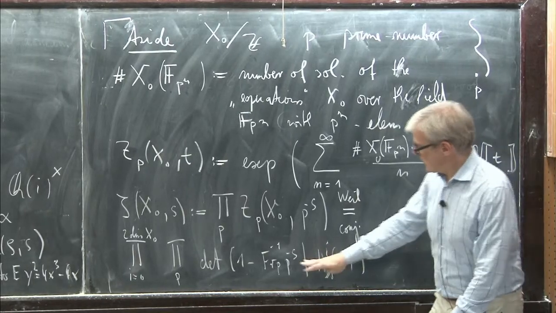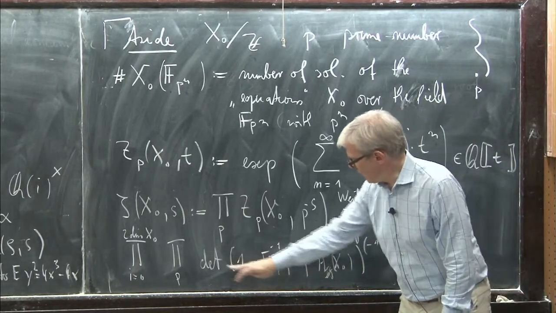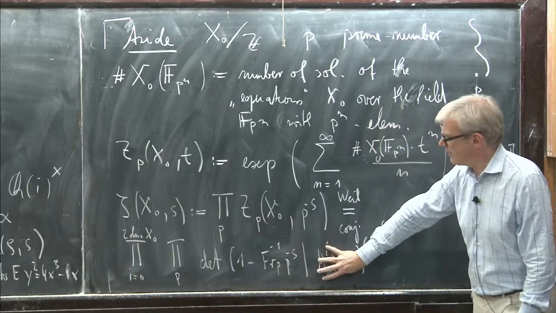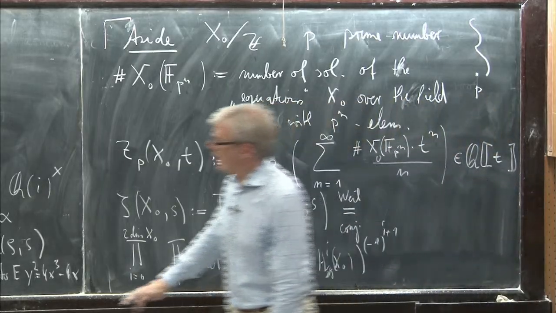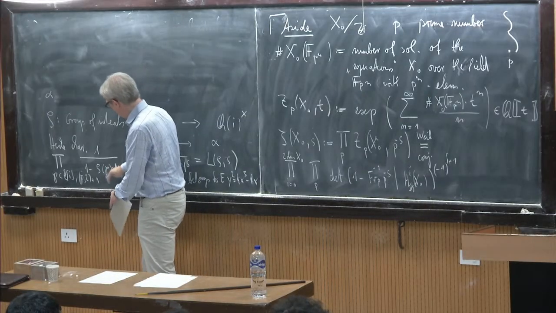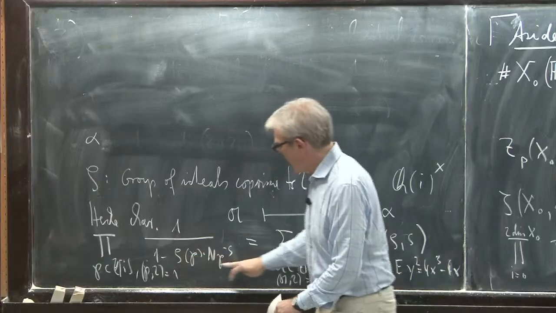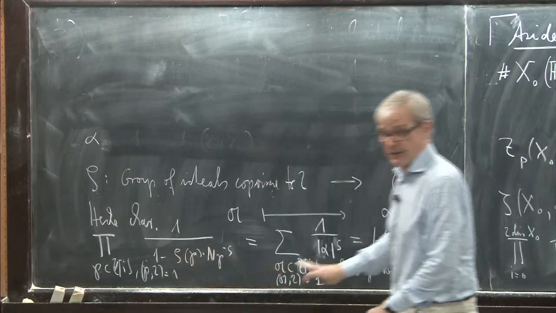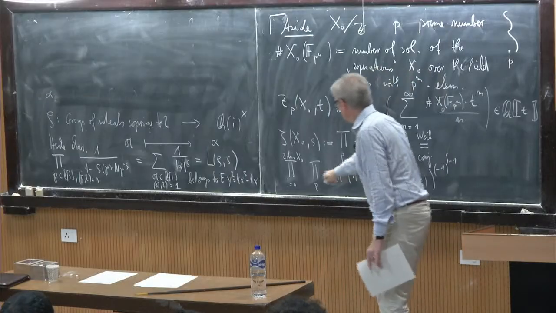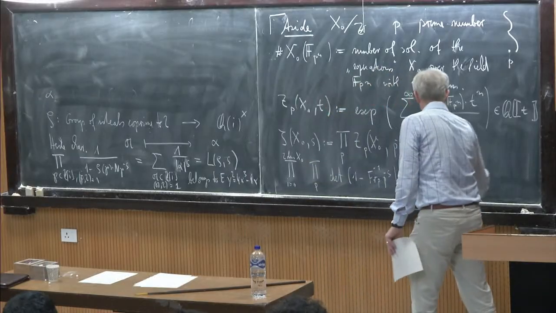But you see the shape here: this is the determinant of 1 minus something, Frobenius, acting on a vector space. And that's very similar, and given much more time and more technicalities, I could explain how you arrive then at these characters here. For each i, this is the product of this L series.